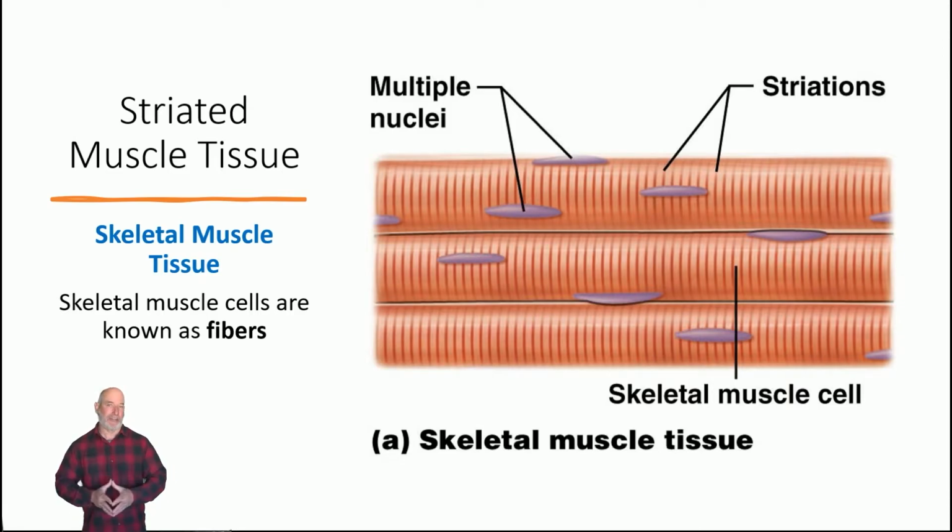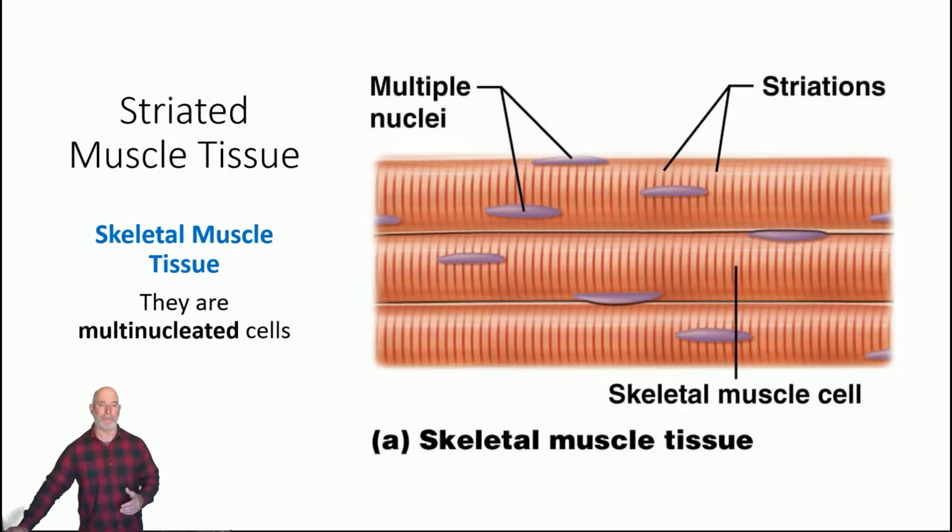Now, to be clear, and I've said this before, skeletal muscle fibers, those are also the muscle cells, also known as the myocyte. Myo means muscle, cyte, C-Y-T-E, means cell. So I'm going to generally stick with the term muscle fiber, but that is talking about the individual muscle cell.